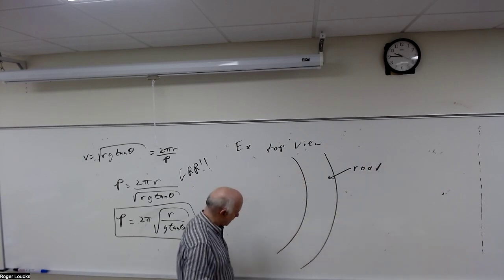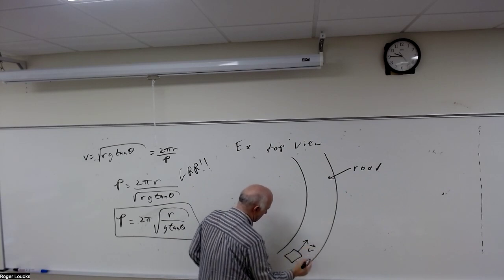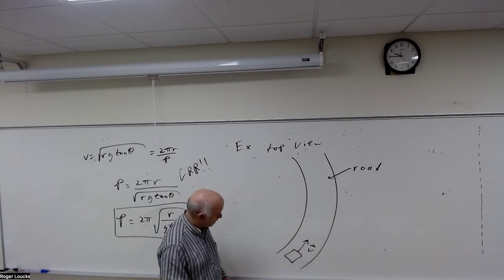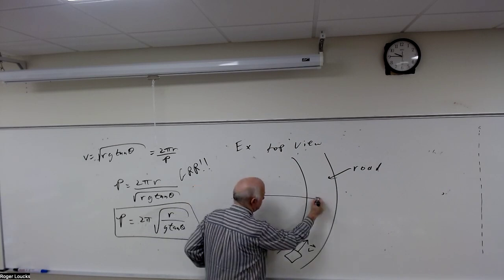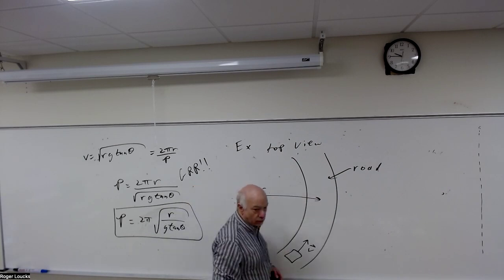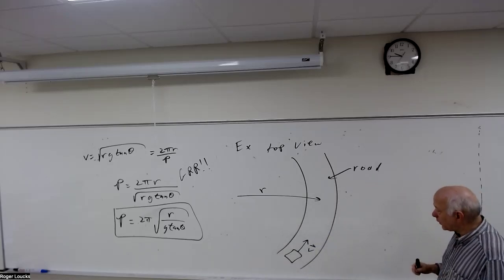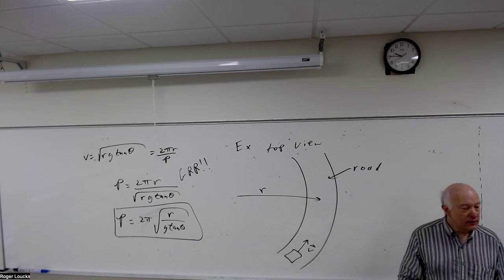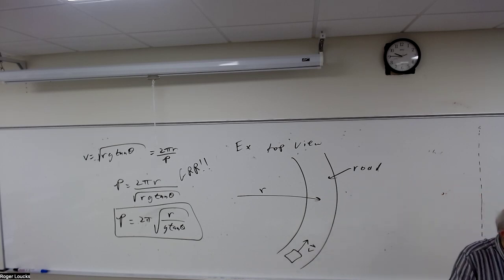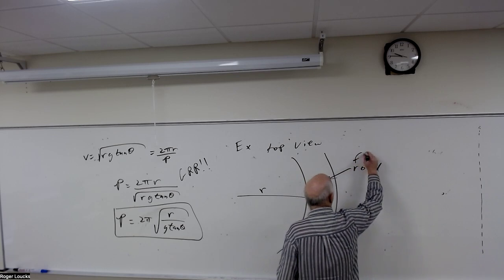There's a road, and here's a car. The car is traveling this way. There's some velocity here. And there's some radius here of that road. What I want to do is figure out the maximum speed that this car can have before it slides off the road. So this is a flat road.